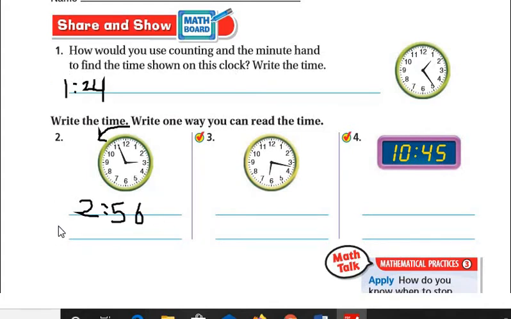4 minutes. Using words, grade 3, you will write it better than me, because I wrote here 4.